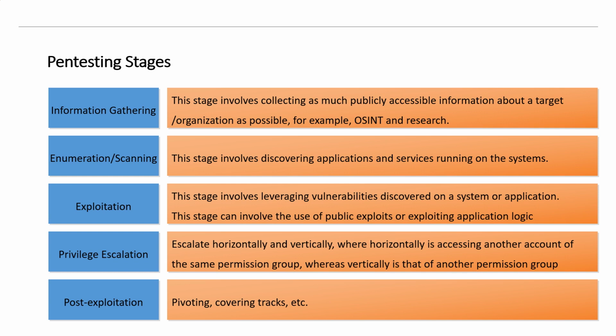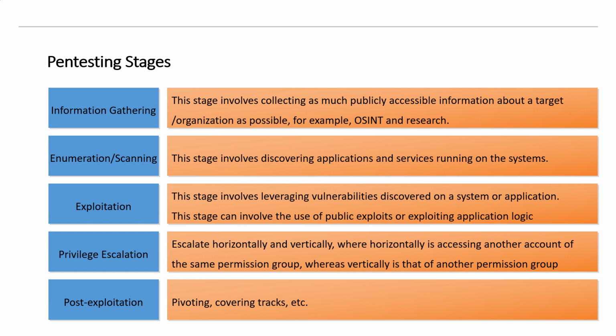And the next stage would be privilege escalation. So we need to do lateral movement or even escalate our privilege to a higher level of users. I think in the later courses, I will cover all of them, okay?